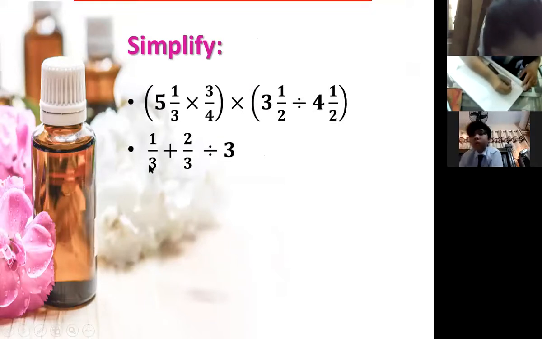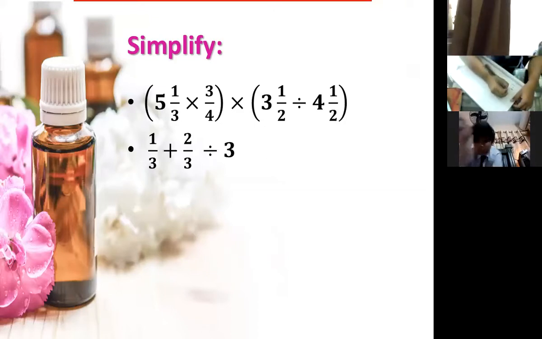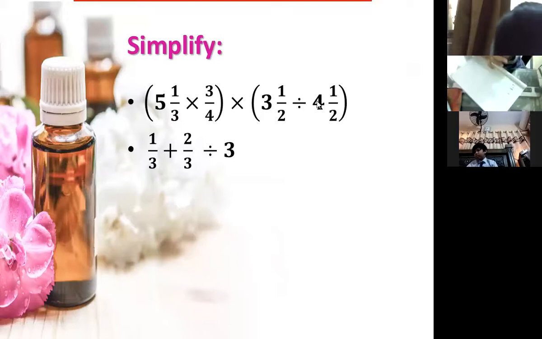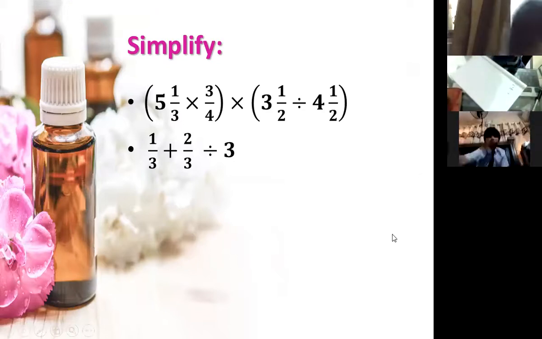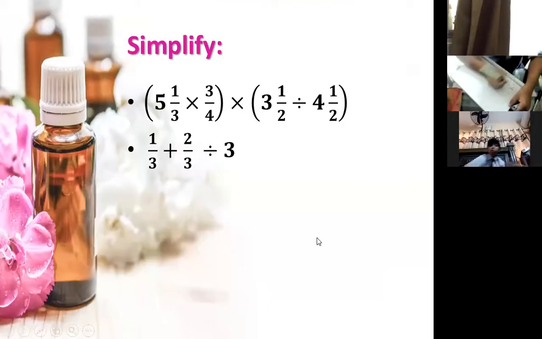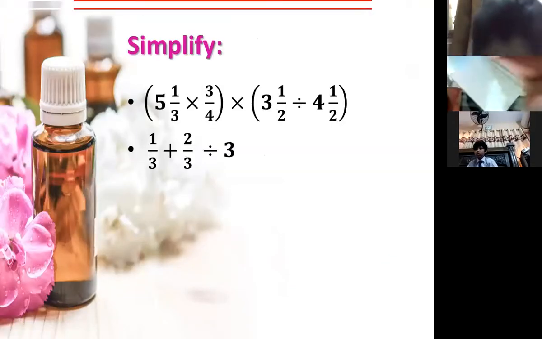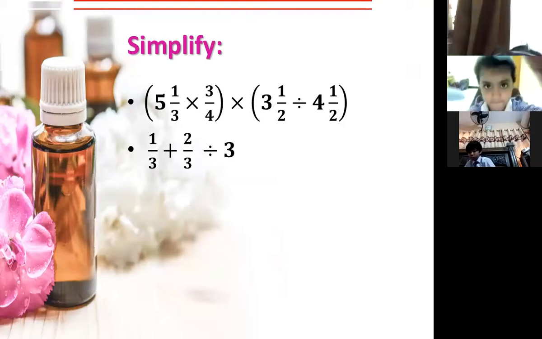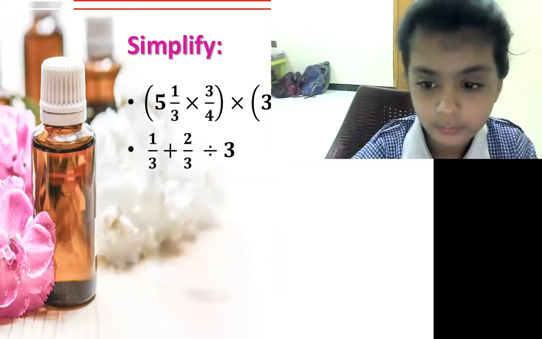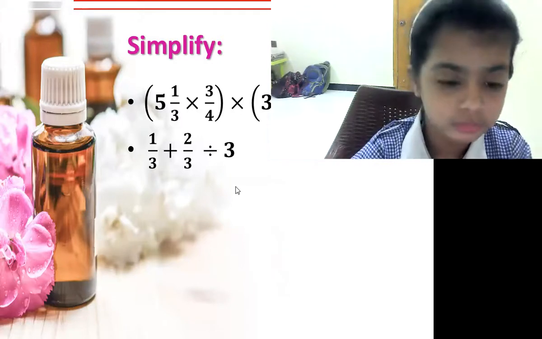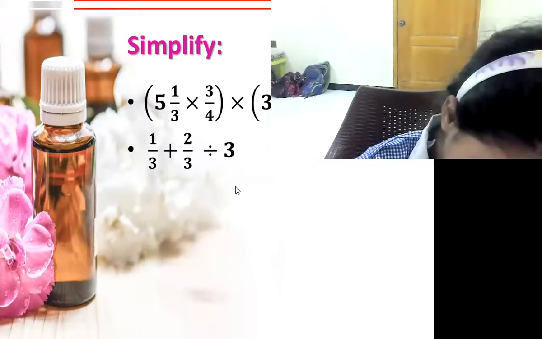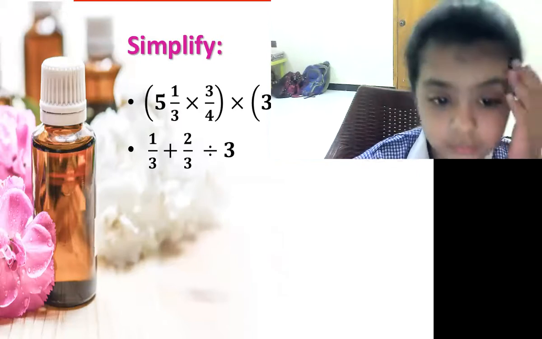1 upon 3 plus 2 upon 3 divided by 3. Second one, 1 upon 3 plus 2 upon 3 divided by 3.